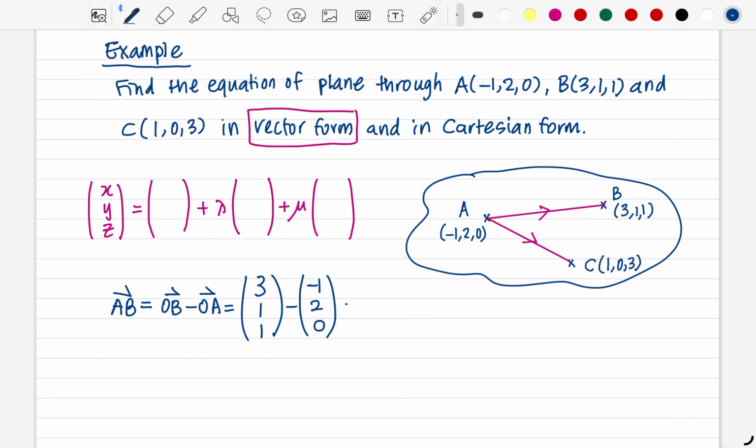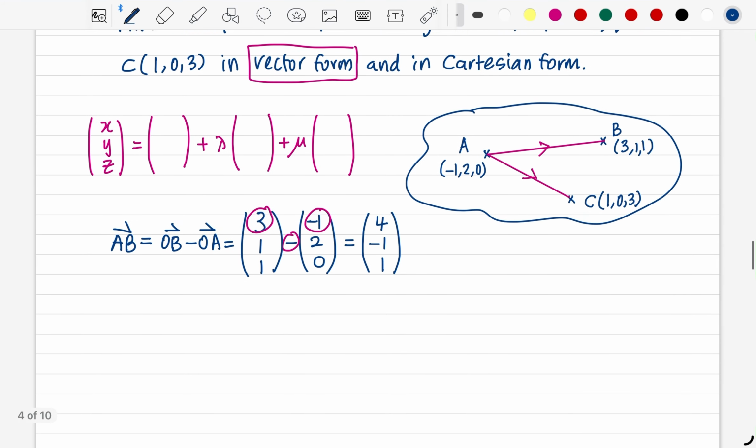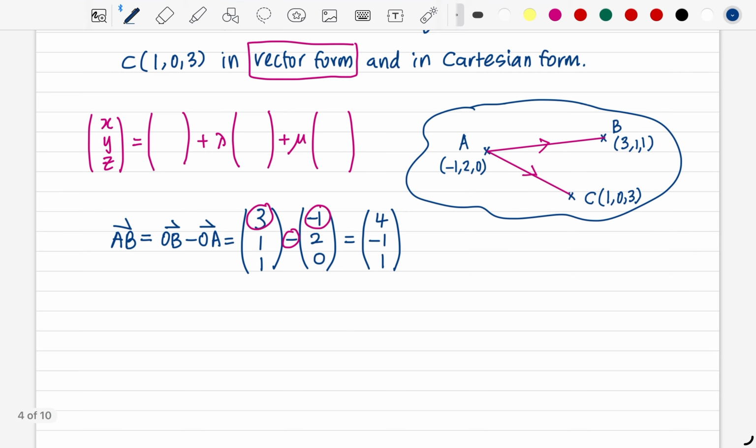And therefore, the vector AB is 4, which is using 3 minus -1. So minus negative becomes plus. Similarly, 1 minus 2 is -1, and 1. So this is the direction vector of AB.